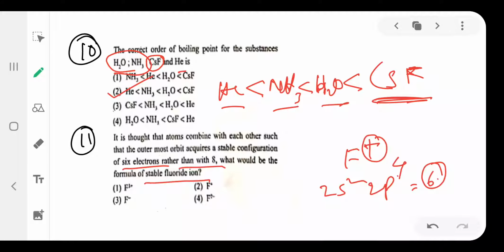Understand what I say? So the fluoride ion is F plus. That's why the outermost orbit acquires the stable configuration of 6 electrons rather than 8 electrons. Option is 2. That is the answer for question number 11.